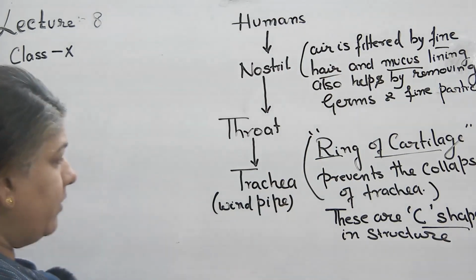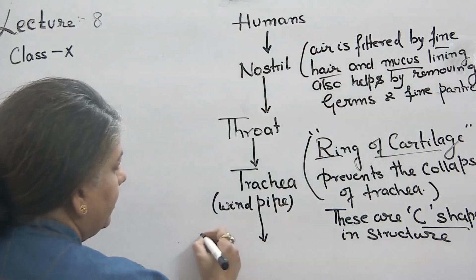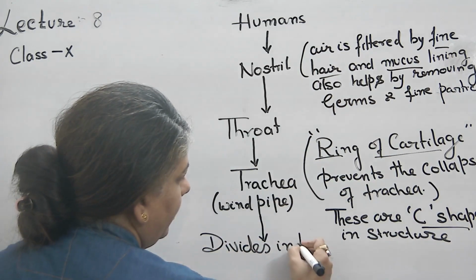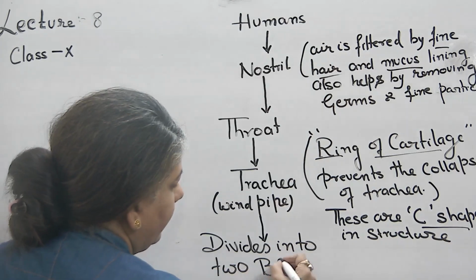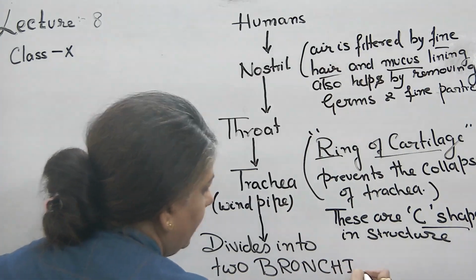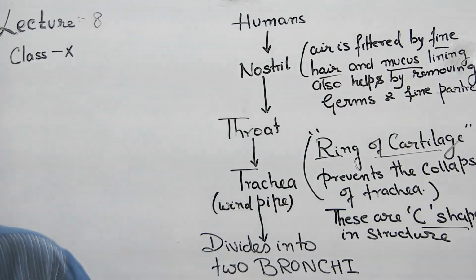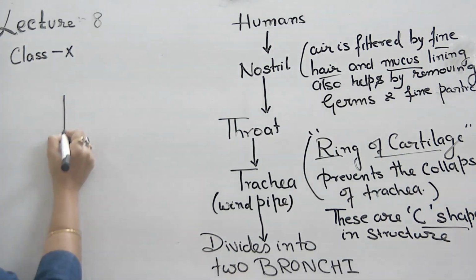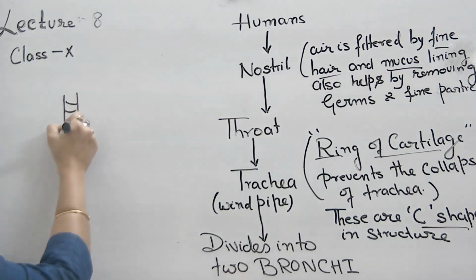Then the trachea divides into two bronchi. And these bronchi will enter the lungs, left and right lungs. It is somewhat like this. This is the tracheal part having ring of cartilage.